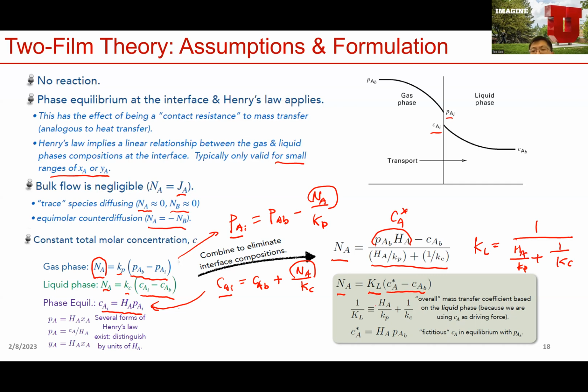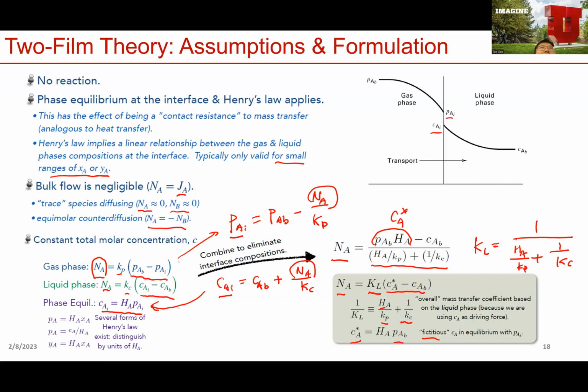So KL is an overall mass transfer coefficient that depends on Henry's law coefficient, the mass transfer coefficient in the gas phase, and the mass transfer coefficient in the liquid phase. Then CA star is a fictitious CA in equilibrium with PAB, so CA star is HA multiplied by PAB.